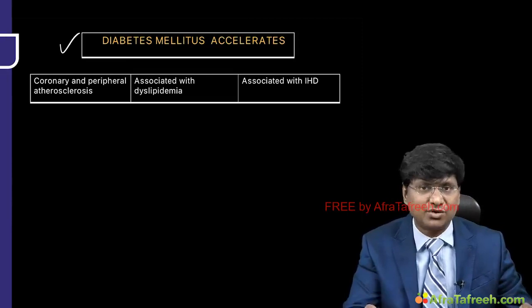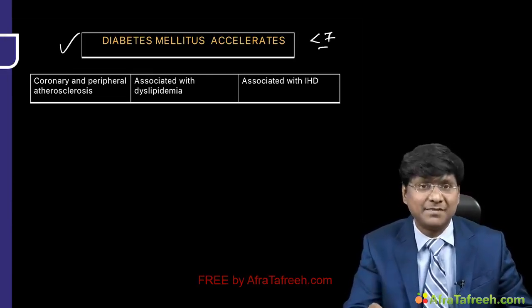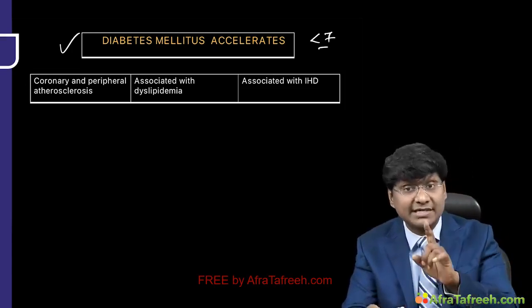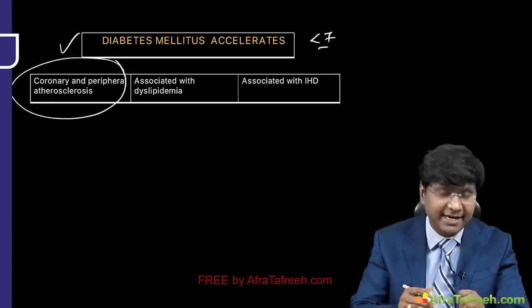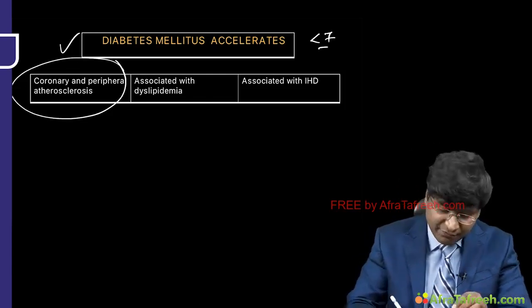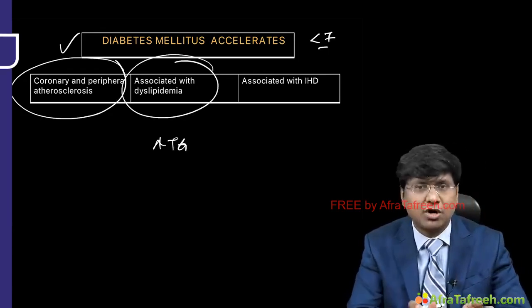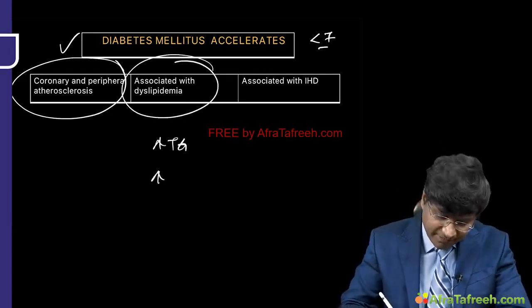Strict blood glucose control. Okay, so HbA1c should be less than 7%. Diabetes mellitus, what all can it cause? It accelerates the coronary as well as the peripheral atherosclerosis, and it is frequently associated with dyslipidemia, that is hypertriglyceridemia, most common, and it will also cause an increase in LDL.